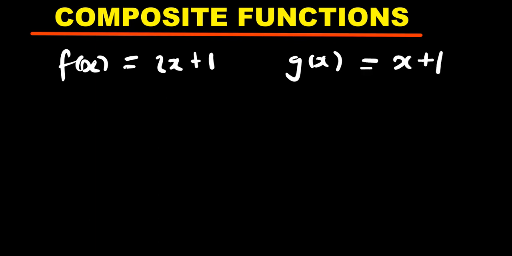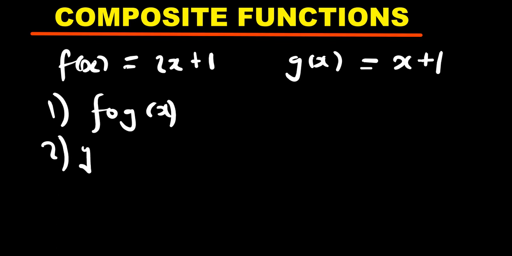You'll be given to find, let me say, f of g of x, or what we call fog, or you can also be given to find g of f of x, or gof. Or even if they want, they put numbers like that. So how do you do these ones? Make sure that the function they've given you first is the one that you write. Then you replace x by the function that follows, in this case g of x.